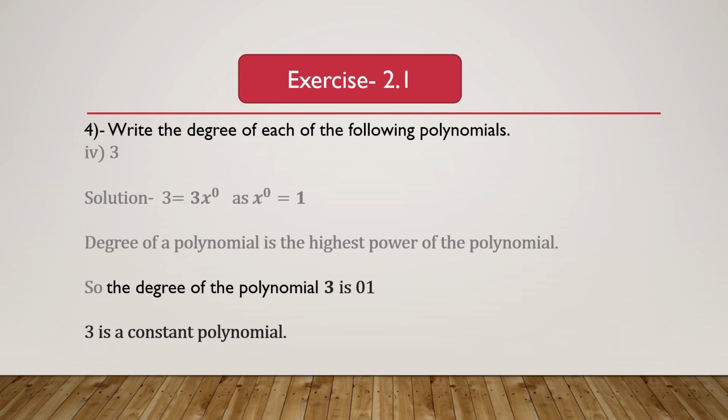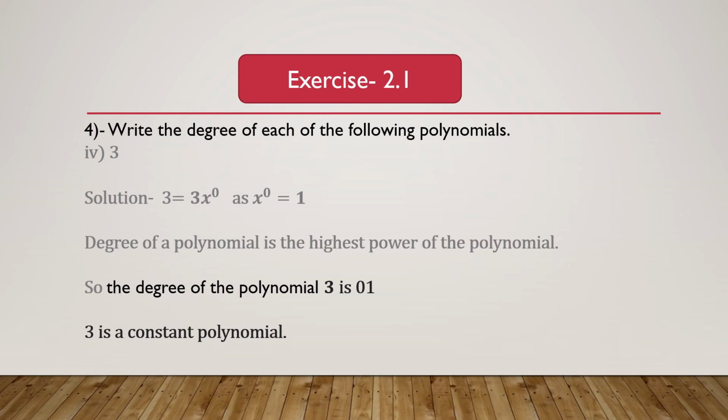Now the fourth bit. The fourth bit is 3. It is a monomial, that is, only one single term is here. We can write 3 as 3x to the power 0, 3t to the power 0, 3m to the power 0, with any variable.